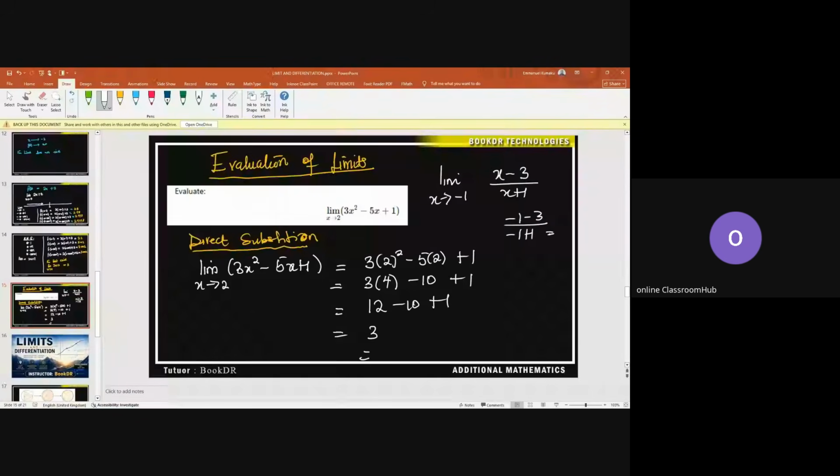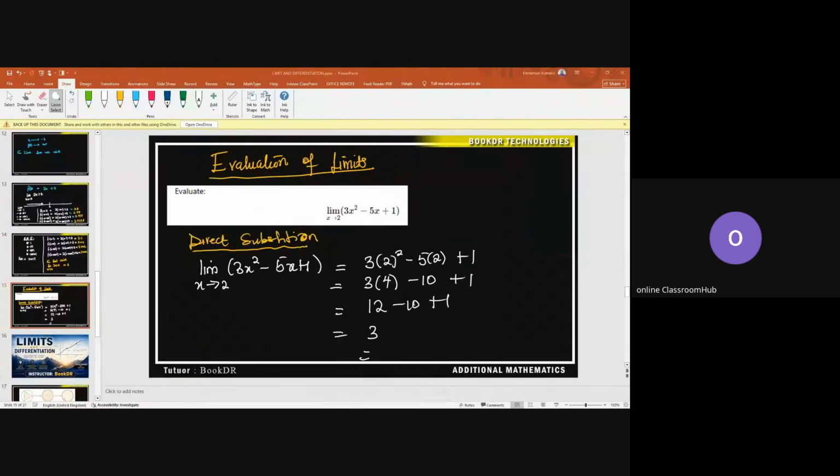The denominator will become 0. And whatever number you get at the numerator, you can't divide it by 0. So direct substitution will not work. In such situations, we have a way of handling it. So we'll do that. But now, let's do direct substitution for the meantime. Okay?